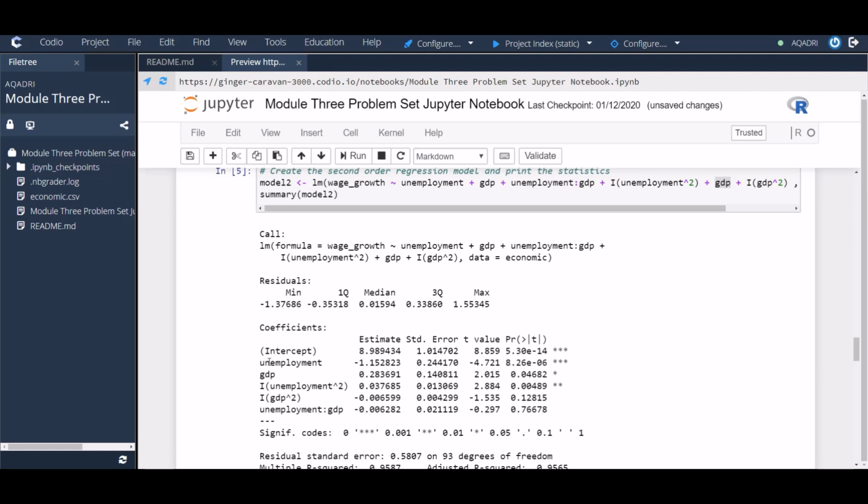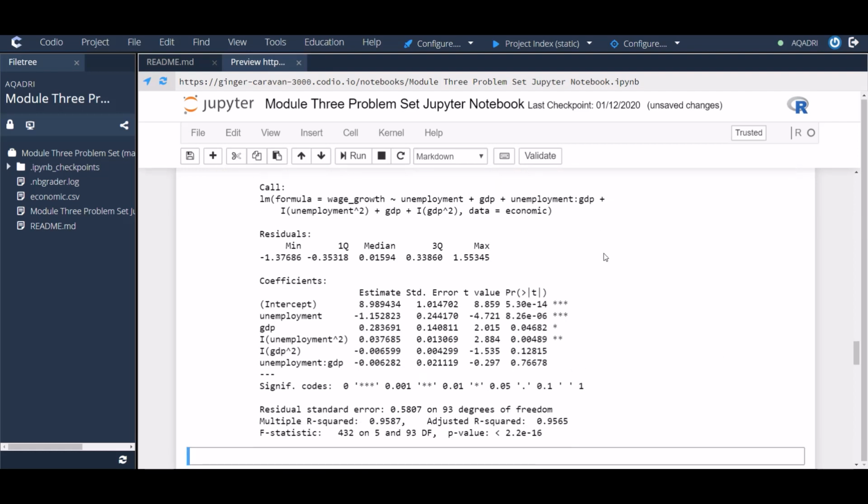You will notice that for each term in the general equation of the model, you have the estimate provided here. These are the first order terms, unemployment and GDP, and those are their estimates. We have the second order estimates given here, for unemployment squared and GDP squared. And we have the interaction term given here.